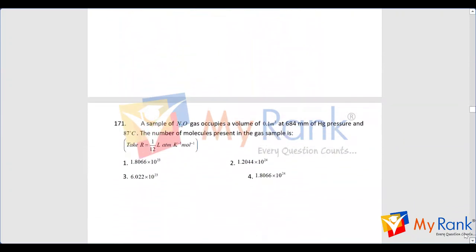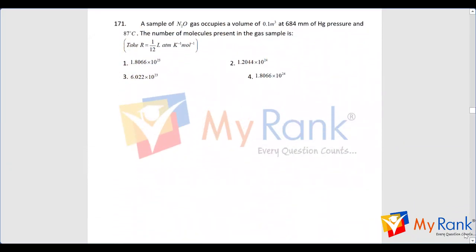Question number 171. A sample of N2O gas occupied a volume of 0.1 meter cube at 684 mm of Hg. The pressure is given as 684 mm of Hg; converting into atmospheres, it is 684 by 760.